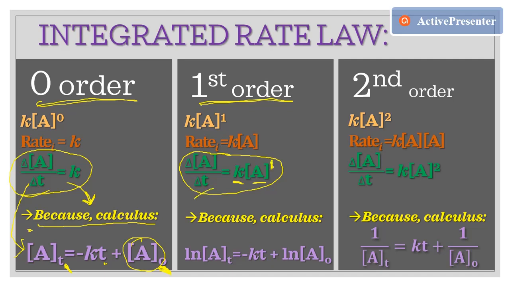So because calculus, we can rearrange that formula into this one. And this ln that you're seeing, ln is the natural log. It's not the opposite of log, but it has to do with logarithms.